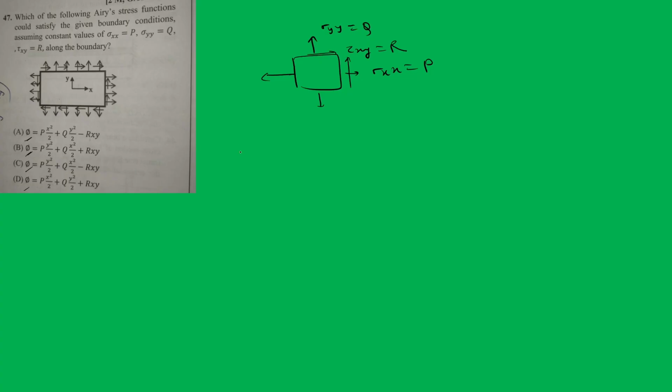So you already know phi should be something like that. Let us see. Sigma xx is equal to dou square phi by dou y square, and sigma yy is dou square phi by dou x square, and tau xy is minus dou square phi by dou x dou y.